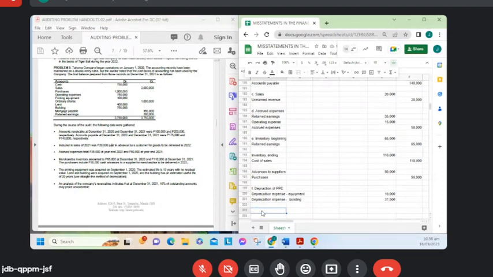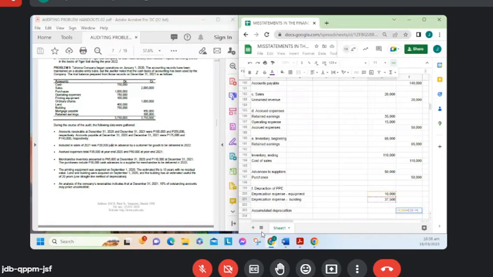Accumulated depreciation, credit, will be 10,000 plus 37,500 plus yung from September to December, 4 months, no?